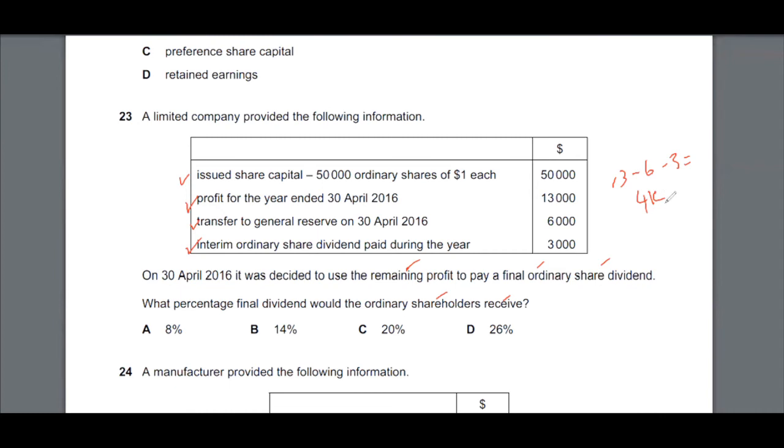This will be the amount that is distributed to ordinary shareholders, the remainder amount. The ordinary share capital is 50K, or 50,000. And then 4 over 50K will give you 0.08. So the answer to multiple choice 23 is going to be option A, 8%.